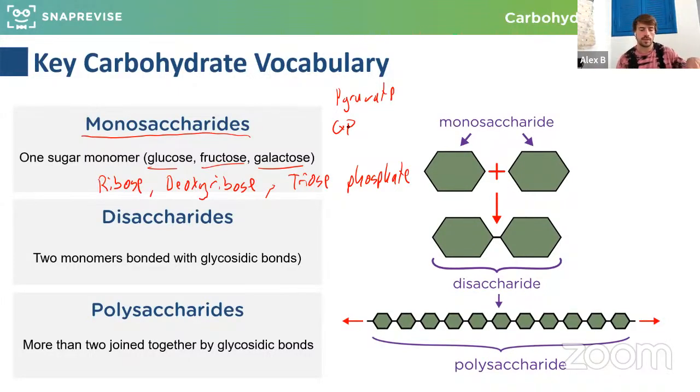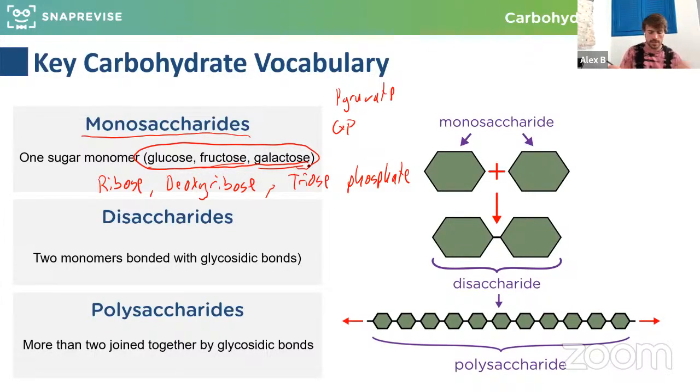But these are monosaccharides that come up in other topics. For example, a bunch of them come up in respiration and photosynthesis. But the three that you need to know when you actually talk about this topic are these three.